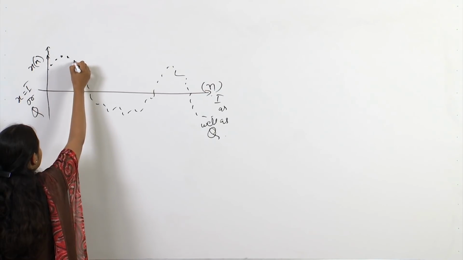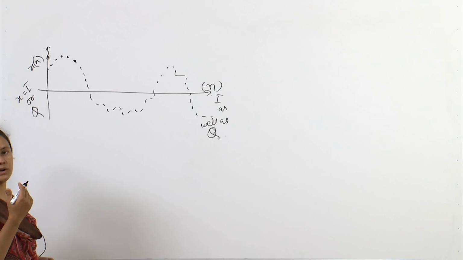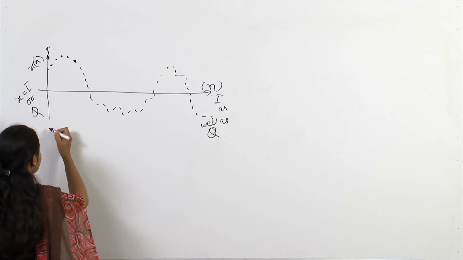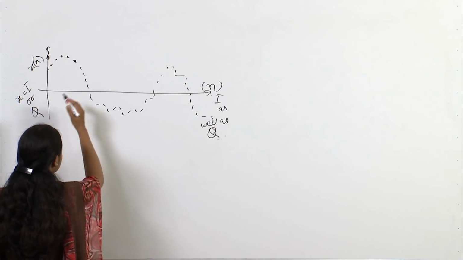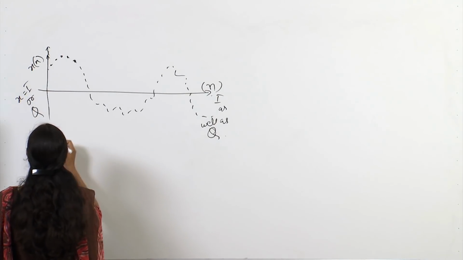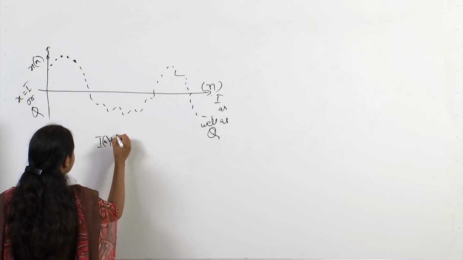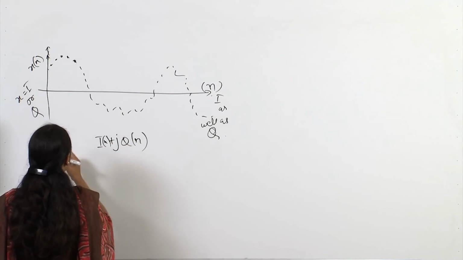Just before we do the root raised cosine filtering, we capture this data, which is in a continuously increasing and decreasing form, and then we form I n plus j Q n in the digital domain.